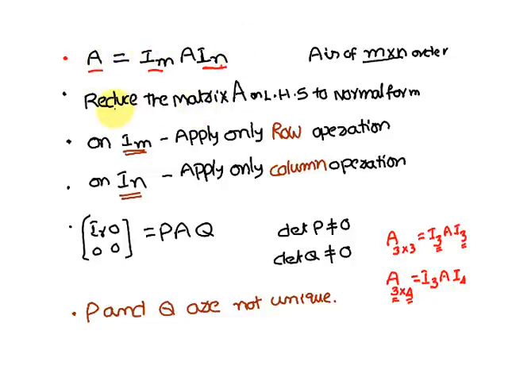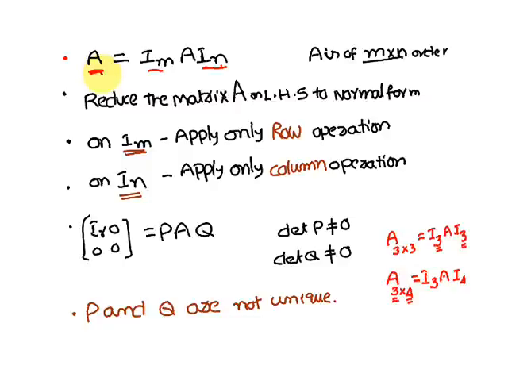Next, you have to reduce the matrix A on the left hand side to normal form. That means on A you have to apply both row and column operations and reduce it to the normal form. That we already did in that model.